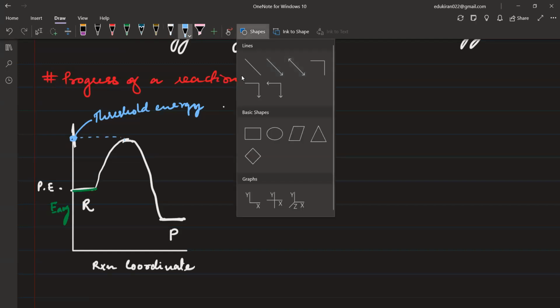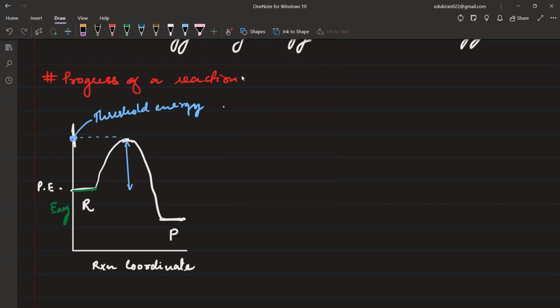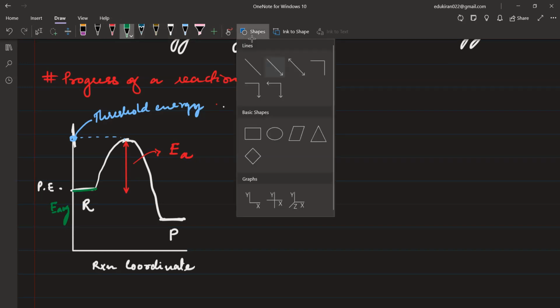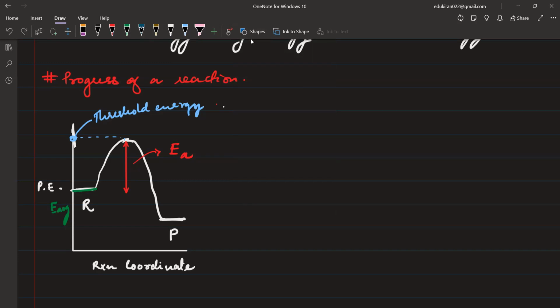And then the difference between threshold energy and the average energy will be known as activation energy. And the difference between the reactant molecules' energy and the product energy is known as delta H, change in enthalpy.